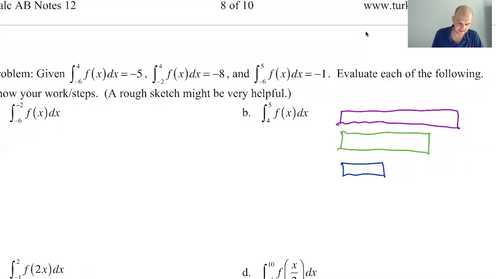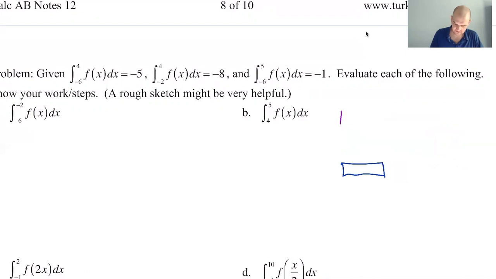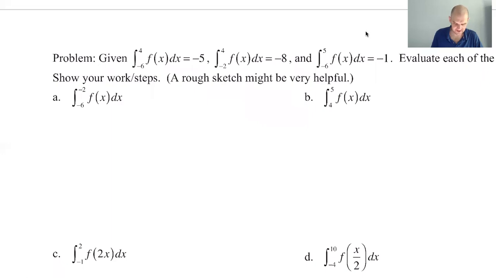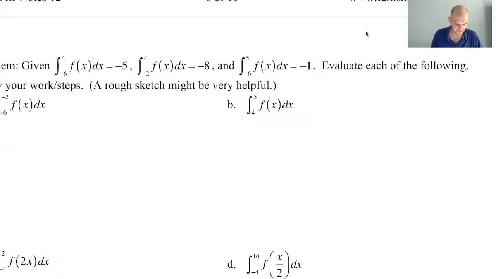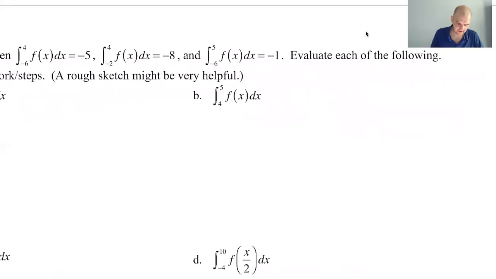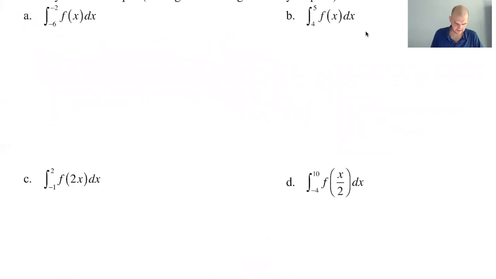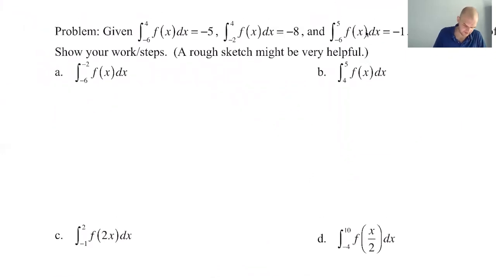So I think of the number line. We have -6 to 4, we have -2 to 4, and we have -6 to 5. If I were going to draw that, I'll do it here and erase if I need to.